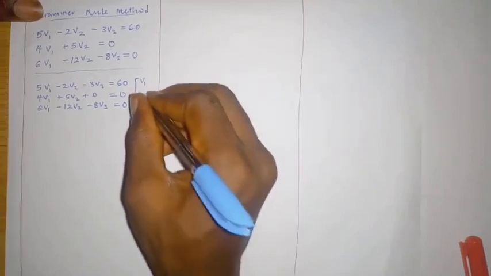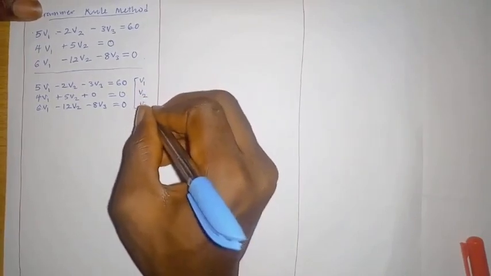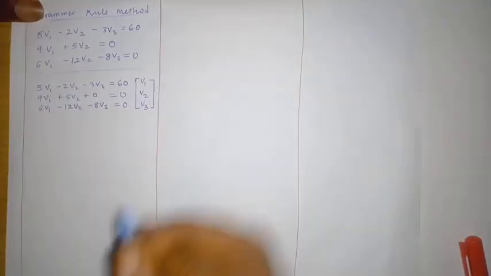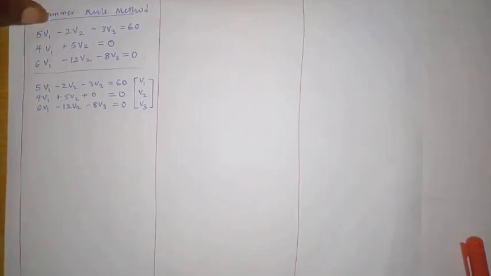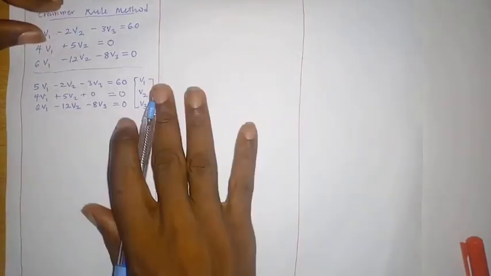By using Cramer's rule, v1, v2 and v3. But before we can get the v1, v2, v3, we have to get the determinants.